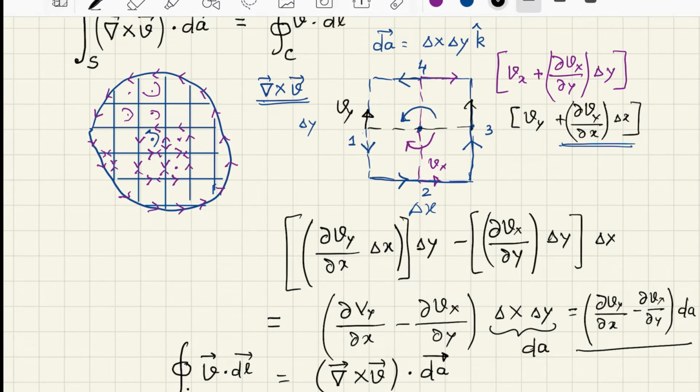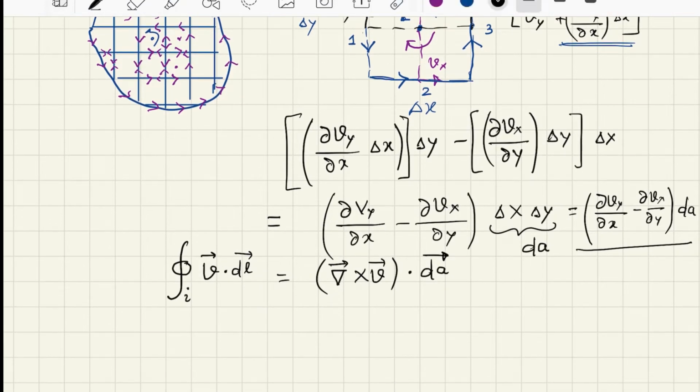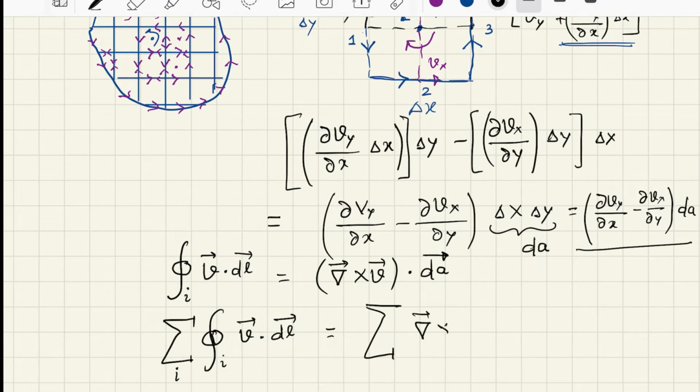Now, if I do this for each of the elements here, then I can sum it up for all the ith loops. I sum up the ith loop circulations, and if I take dA to be small, that would also be the sum of del cross V of each of these dot dA over each i.